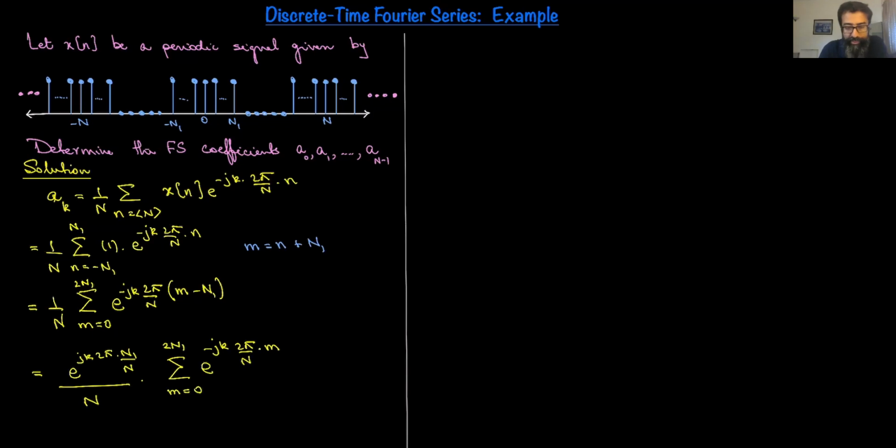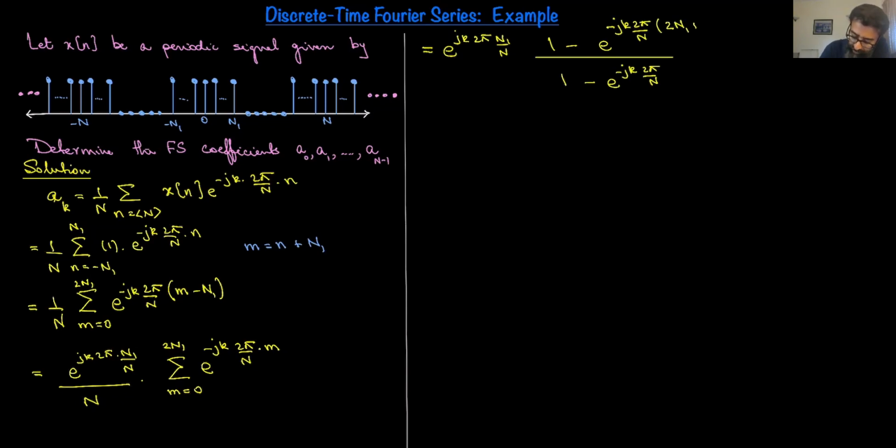And now I can just directly use the finite series formula, and this becomes equal to e raised to the power j k 2 pi times N1 divided by capital N. And here I have 1 minus e raised to the power minus j k 2 pi by capital N, and in the numerator, I have 1 minus e raised to the power minus j k 2 pi divided by N times the number of terms that I have in the summation, which is 2 times capital N1 plus 1.